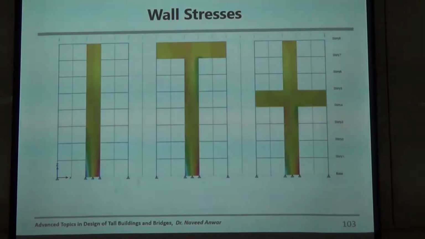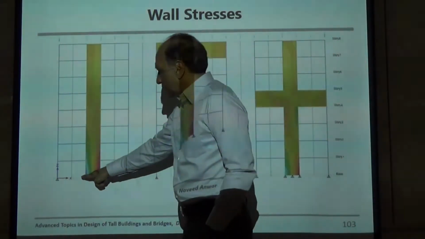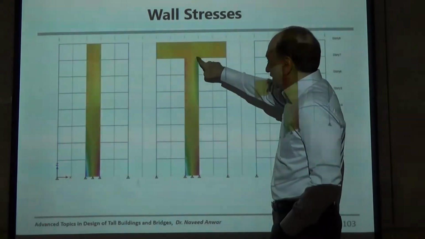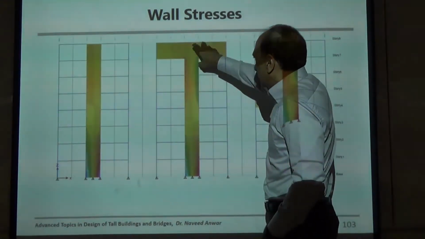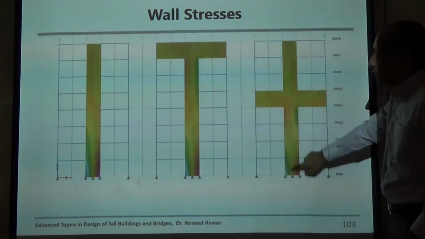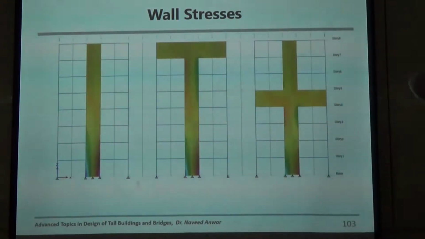Wall stresses, you can see that wall stresses, so this is the stress diagram within the walls. So this is the pure tension compression. Here there's a bending, so tension compression changes near the outriggers. Here's a complicated stress flow. So when you put the outrigger, the stresses in the wall become quite complicated in that area.